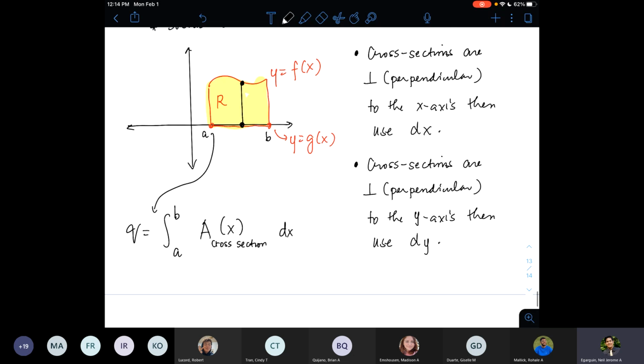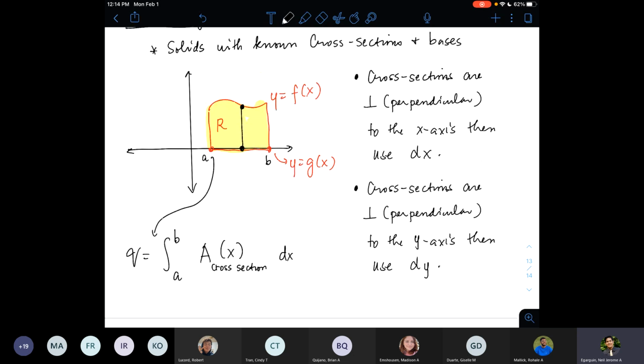So basically say if the cross sections are squares that are perpendicular to the x-axis, so you will have squares that are sticking out of the page over here. So on top of this region R, you will have infinitely many squares sticking out of your screens as your cross sections. And I hope you can imagine how the solid will look like.